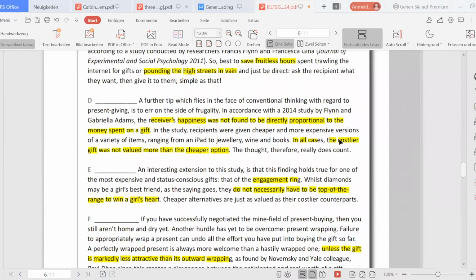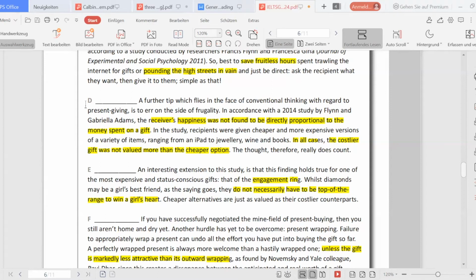In all cases, the costlier gift was not valued more than the cheaper option. So these two sentences literally say the same thing to me. Happiness does not correlate, or it's not proportional to the money spent on it. In all cases, a costlier gift was not valued more than the cheaper one. So these two sentences are saying the same thing. That's why I highlighted it.